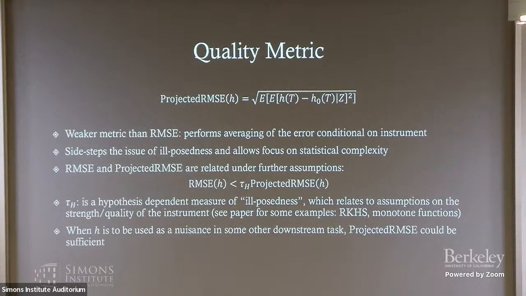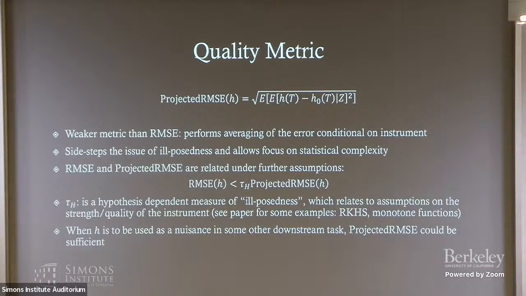These eigenfunctions are essentially orthogonal before you project them. Do they maintain orthogonality after you project them? And if they don't, at what rate? This is what's going to govern the measure of ill-posedness. And this is the strength of the instrument. Does the instrument preserve the orthogonality of this infinite set of eigenfunctions?